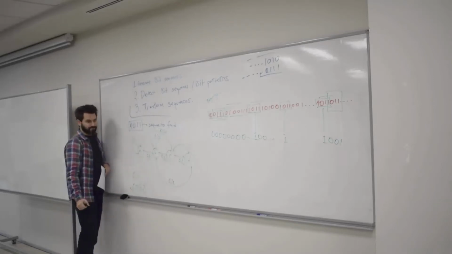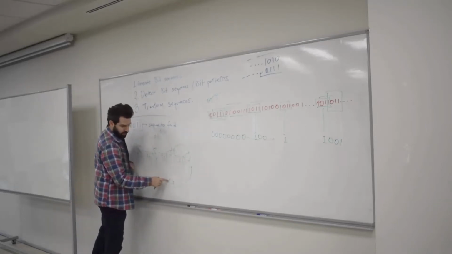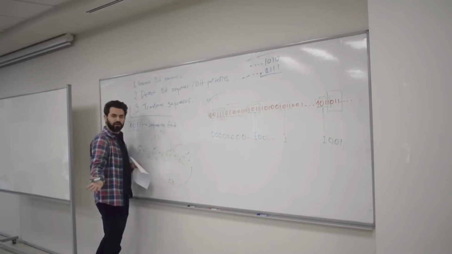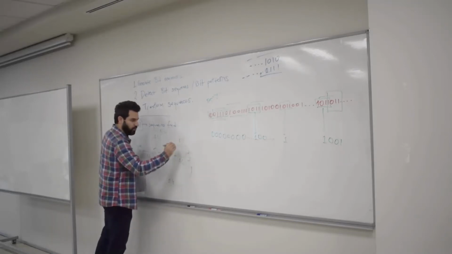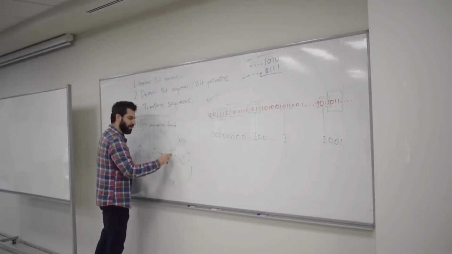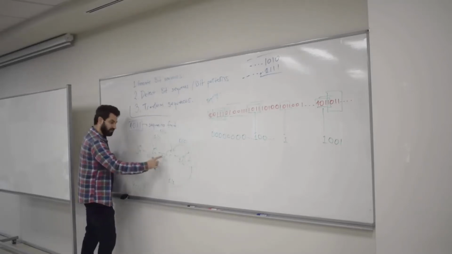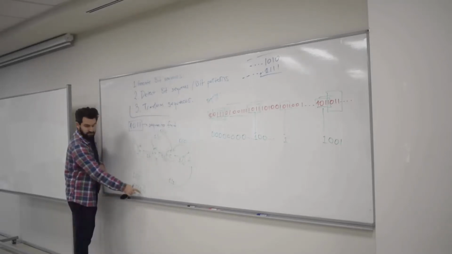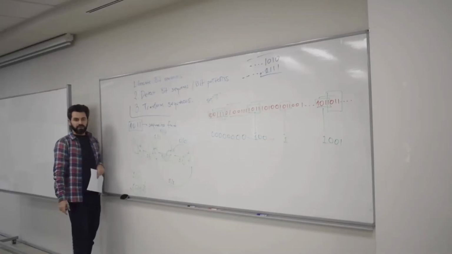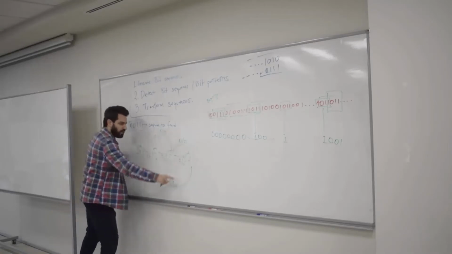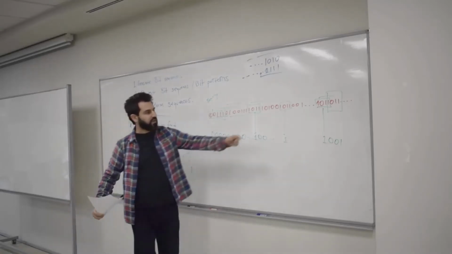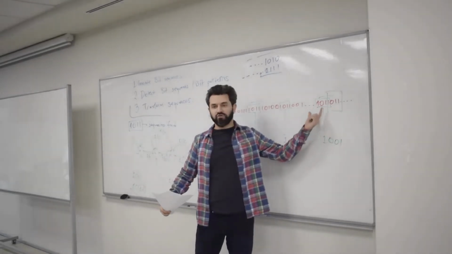So if the input is 1, then I output a 1 and complete the cycle. If I see 0, I output a 0, but I go back to C, because I already have seen 1, 0. That's what this means. If you design your state diagram this way, then you take care of the overlapping windows problem.